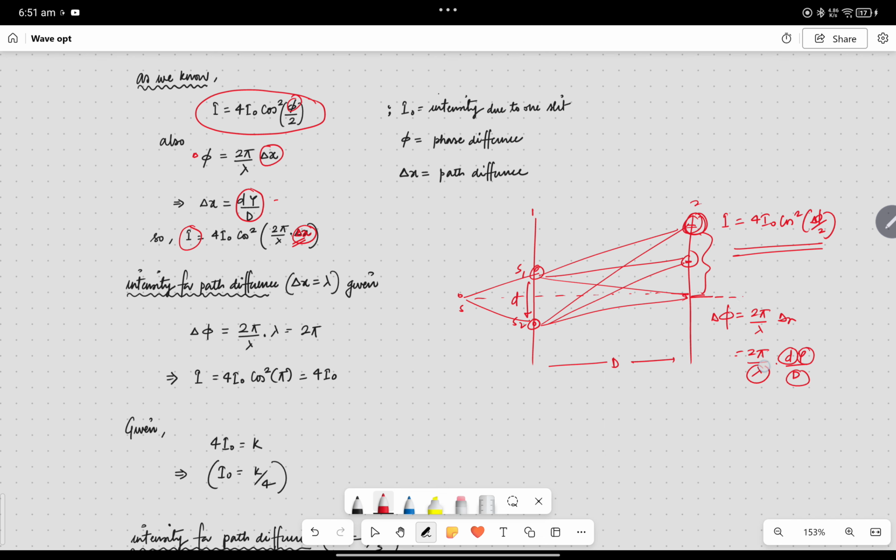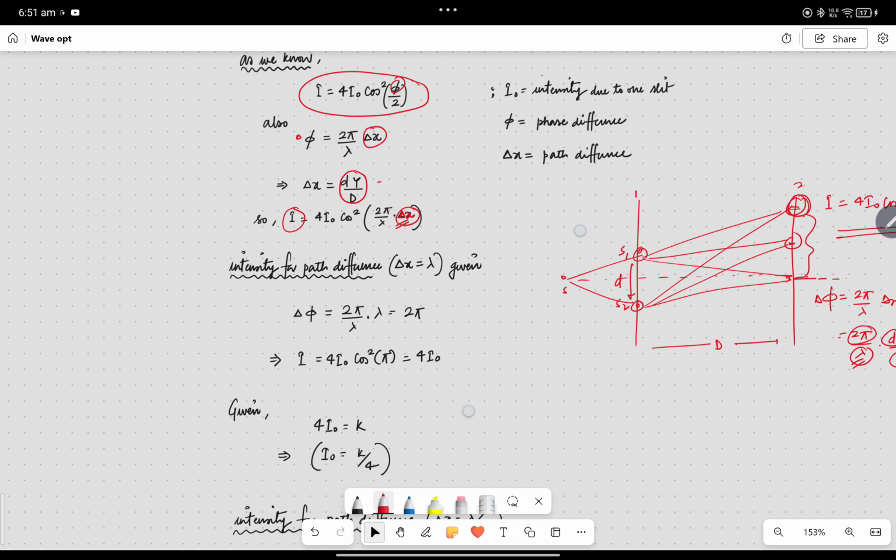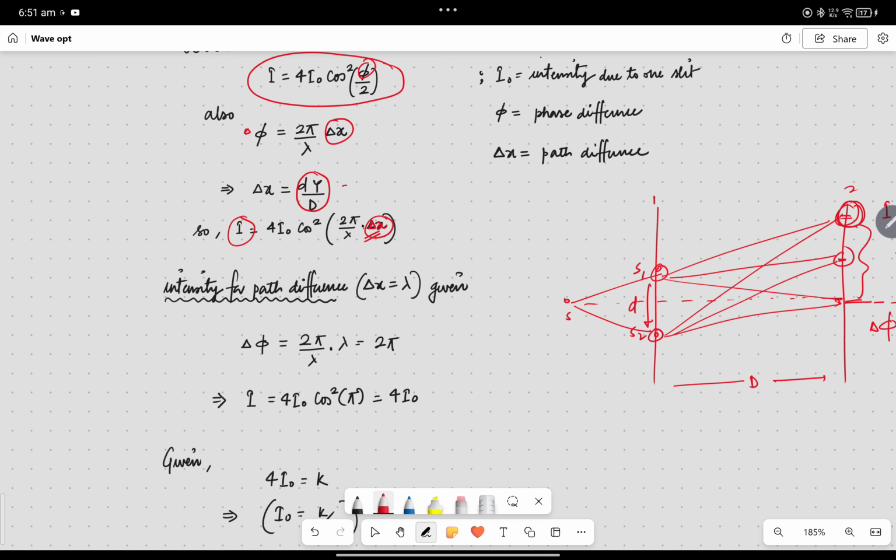Lambda is the wavelength of light that we have used, and 2 pi is constant. So the whole setup is clear.